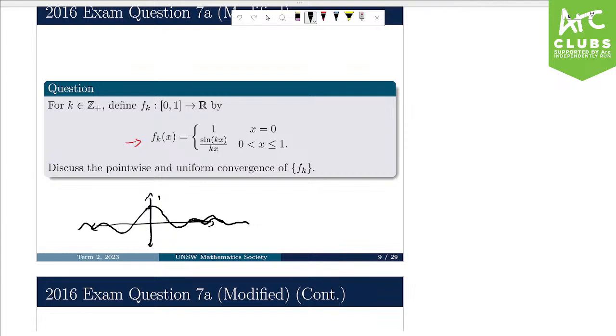Okay. I'm actually not sure where this root is. Oh, it's probably just at pi. So we're interested in this section. So this is sine x over x.